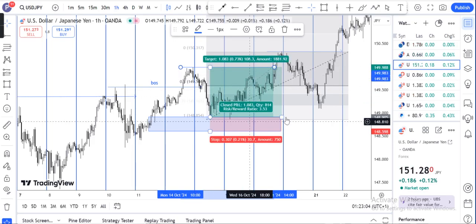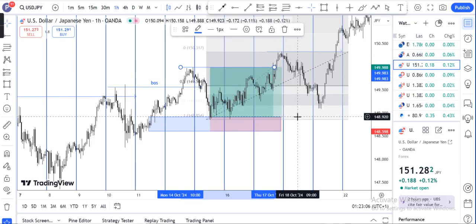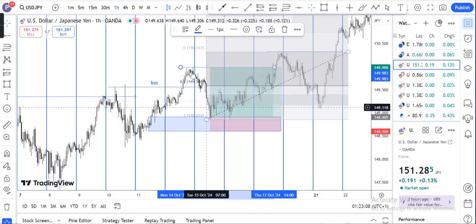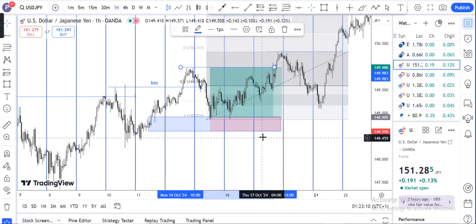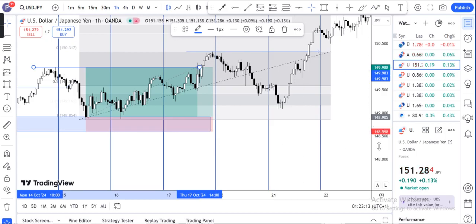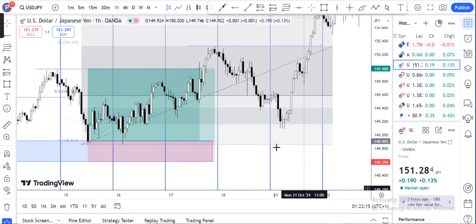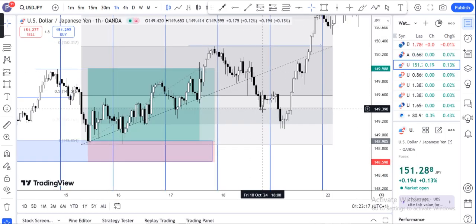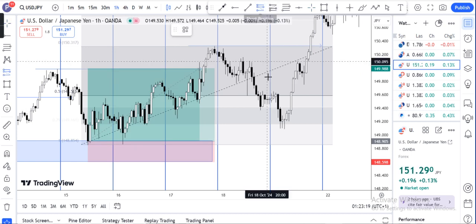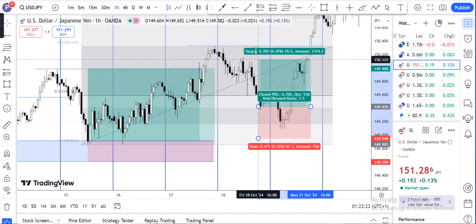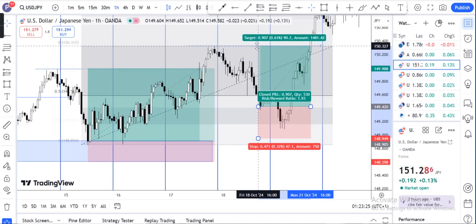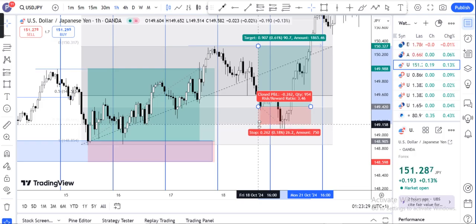We had another break of structure at this point, and then market gave a break of structure at this point, and then it dropped. So if you are taking your trade here, it hits the first stop loss. We always like to be very transparent in our entries. So if you are taking your first trade at that point, market actually hits your first stop loss.